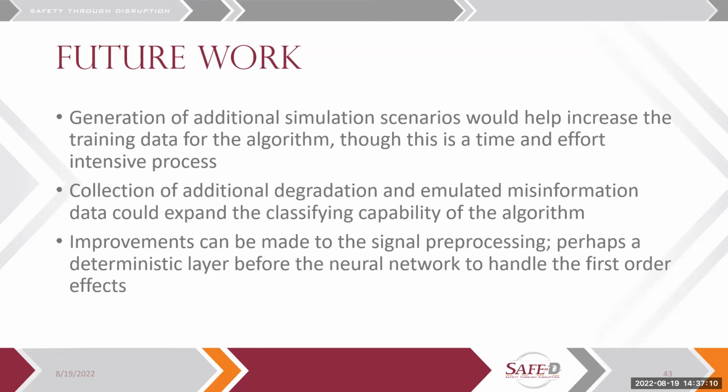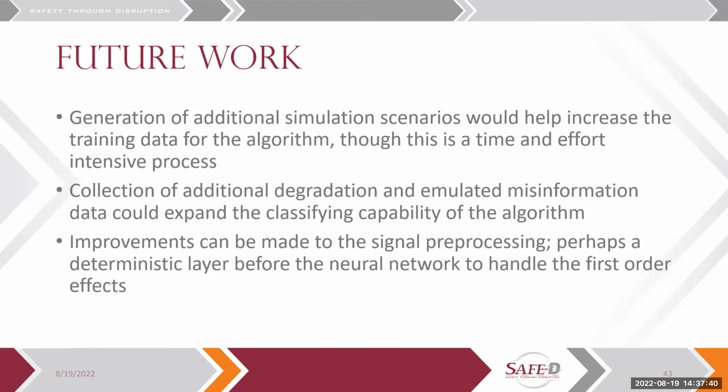And then also improvements can be made in the signal pre-processing. Perhaps we could even add a deterministic layer that's before the neural net to handle a lot of the first order type effects. Sensor dropouts and large sweeping changes can be pretty easy to extract without a neural network, and a lot of that will dominate the signal that the neural net is trying to decipher.